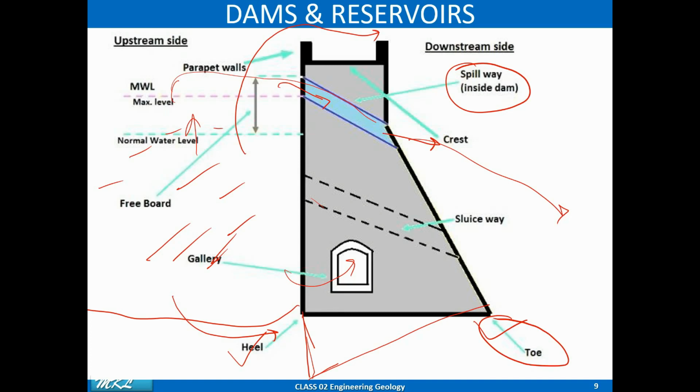Another most important point here is the sluice way. So what do you mean by sluice way? The sluice way is the passage that could be considered automatic, like if water goes above this maximum level, MWL, then the water will pass through this passage.